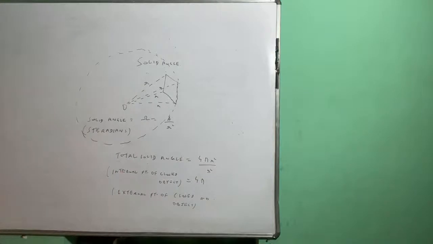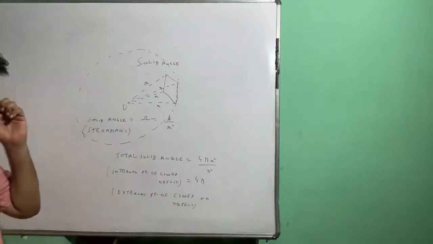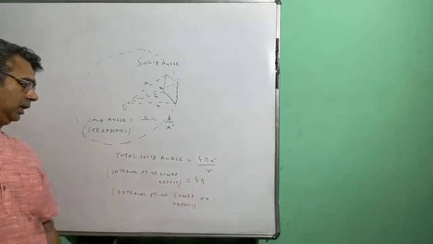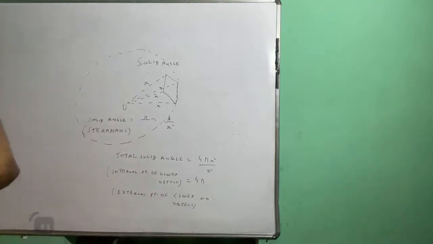And the total solid angle at any external point of a closed object will be 0. So for an internal point of a closed object, the solid angle will be 4 pi, and for an external point, the solid angle will be 0.